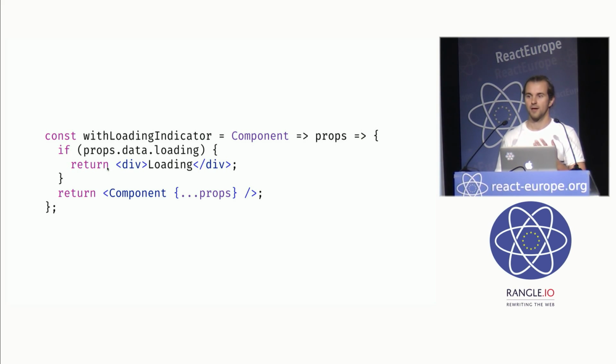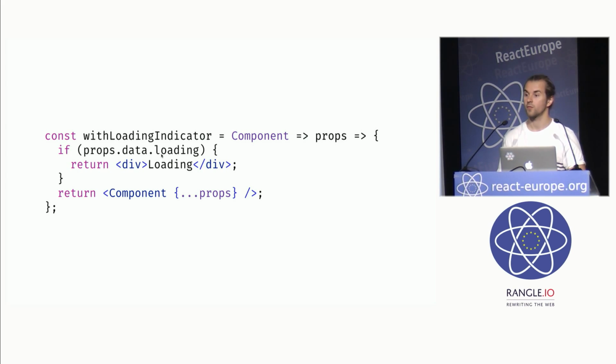You just have to return JSX and it's valid. That's the only thing. It takes a component and returns a component. It doesn't matter if you actually render or return the component that you got. So we now have a withLoadingIndicator higher order component. What's happening here is that if loading is there, we're going to render just a loading div.